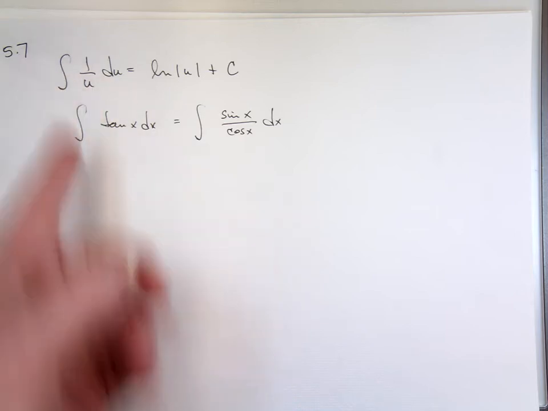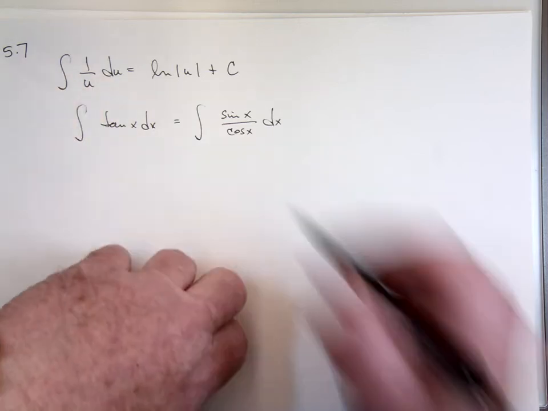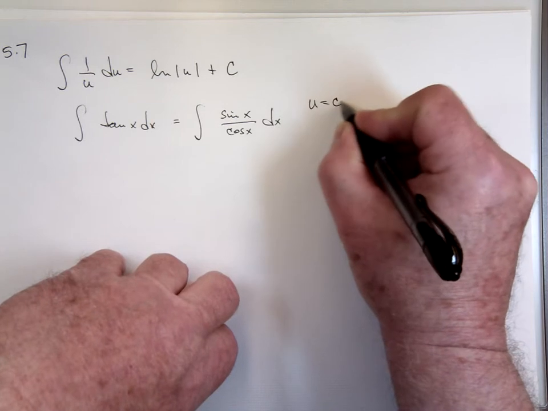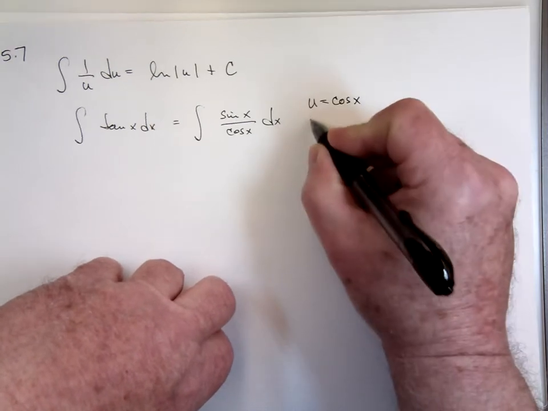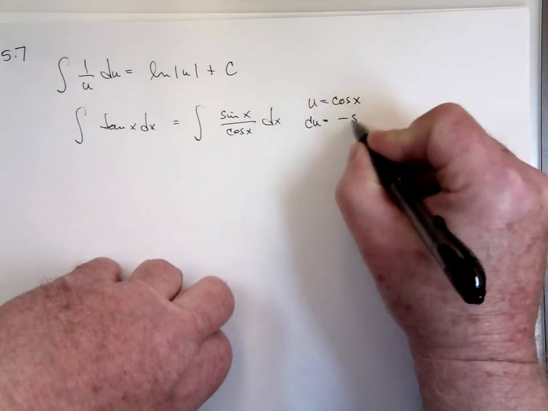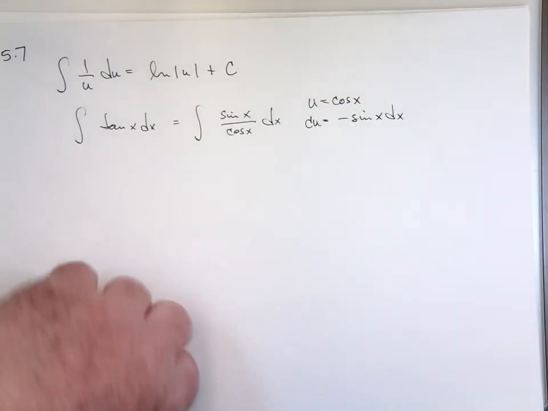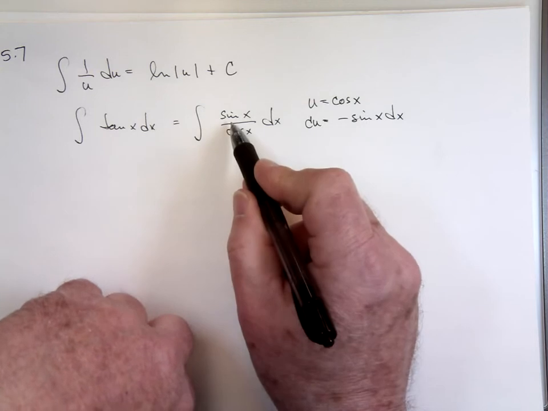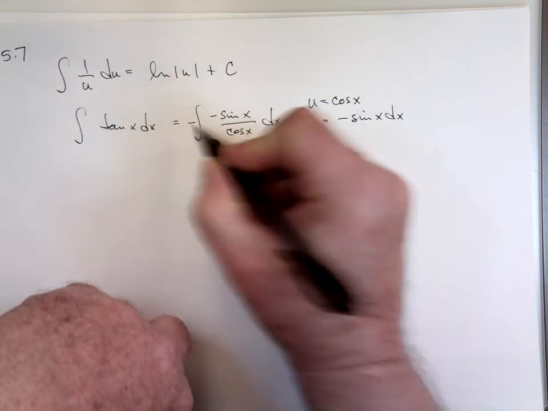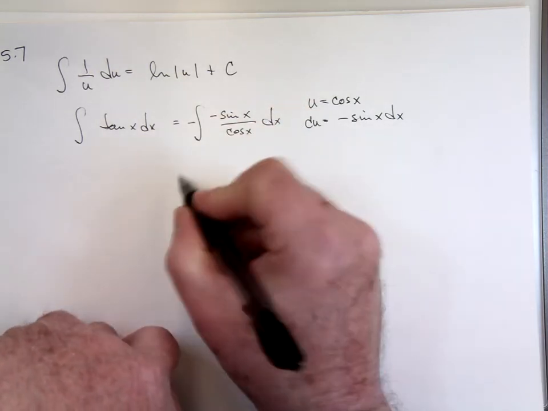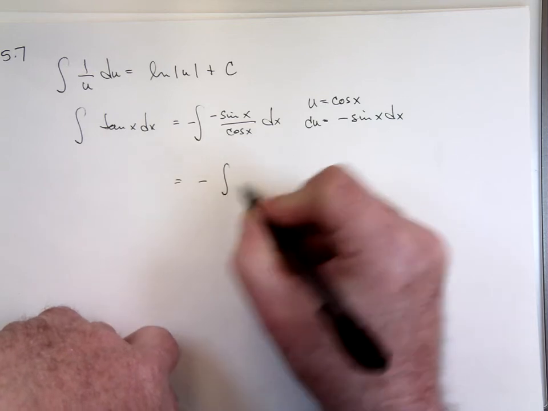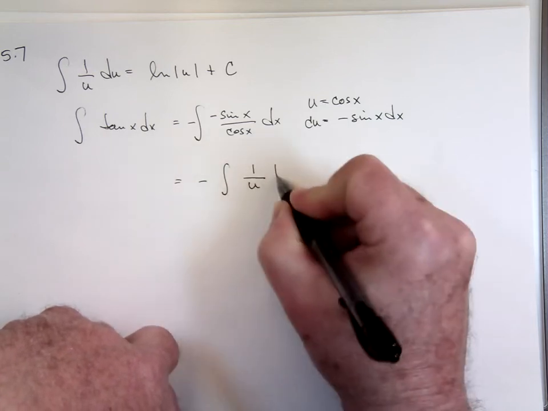All right, but u is equal to cosine x. Du is a negative sine x, opposite of sine x dx. I have it. It's right here. Multiply by -1, though. I need to multiply by -1. And then I have opposite of the integral of 1 over u du. There it is.